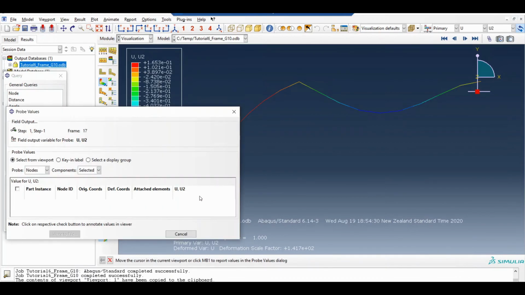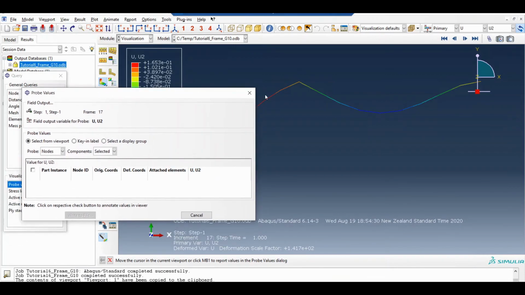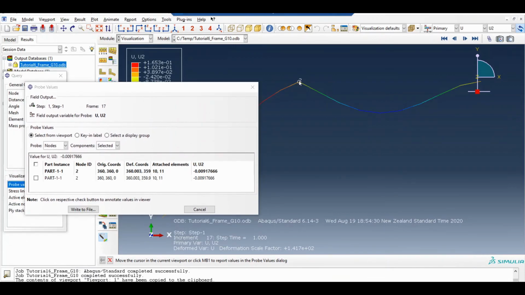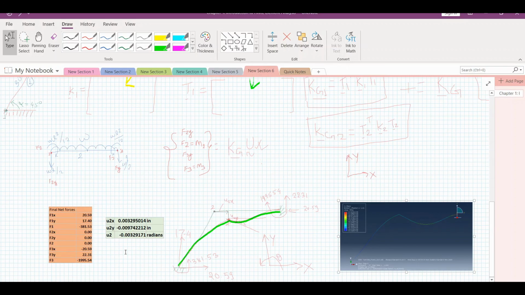Prop values. Now it's showing U2. Okay, let's click on this one. That is minus 0.009092. So here we also obtained 0.00974, which is close. We might have some differences here because our section is not completely geometrically equal to that of the given problem. We're just assuming an approximate dimension.